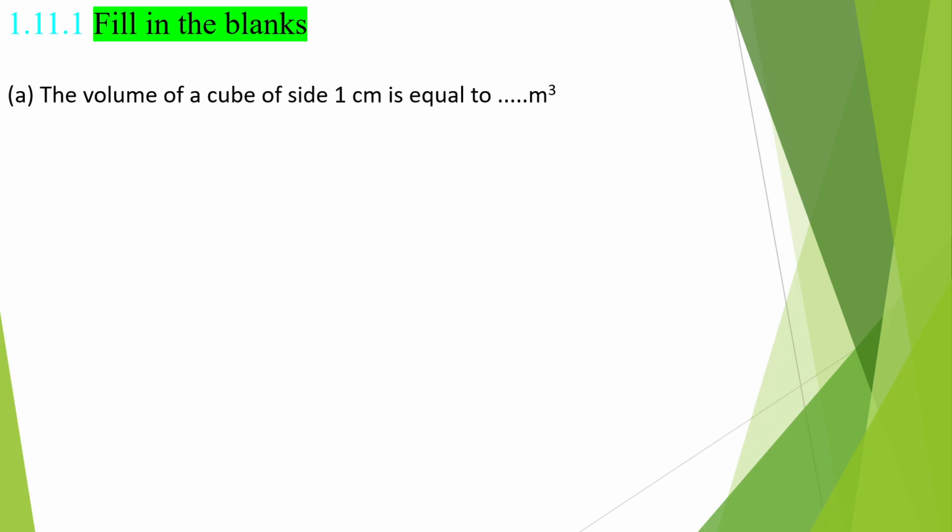So the first question is, the volume of a cube of side 1 centimeter is equal to dash meter cube. So you know that 1 centimeter is equal to 10 to the power minus 2 meter, and the volume formula is length into length into length.